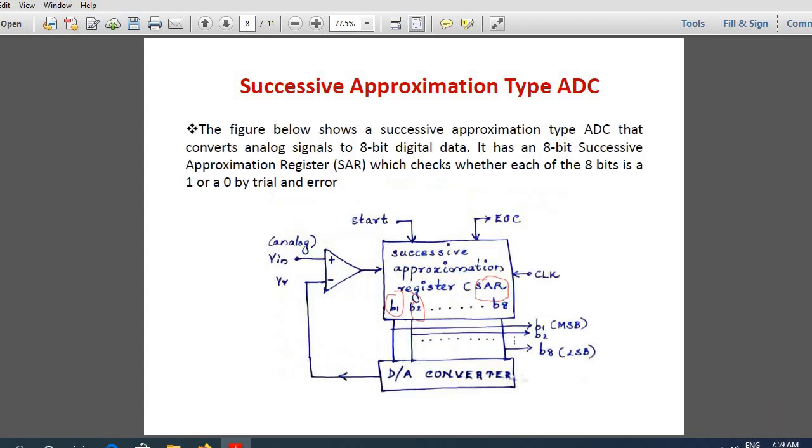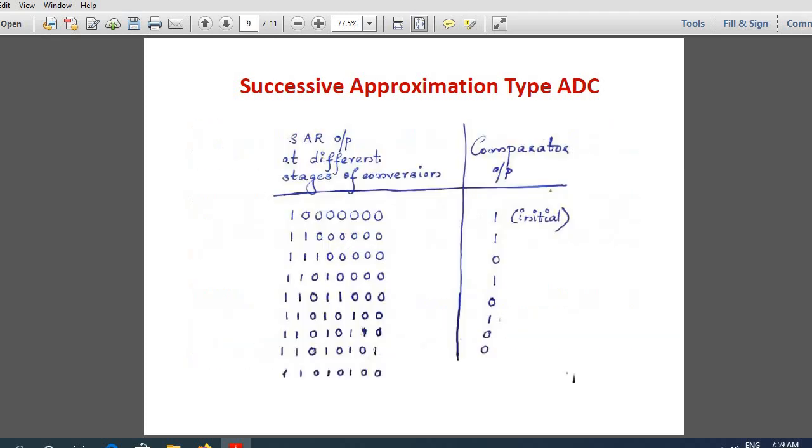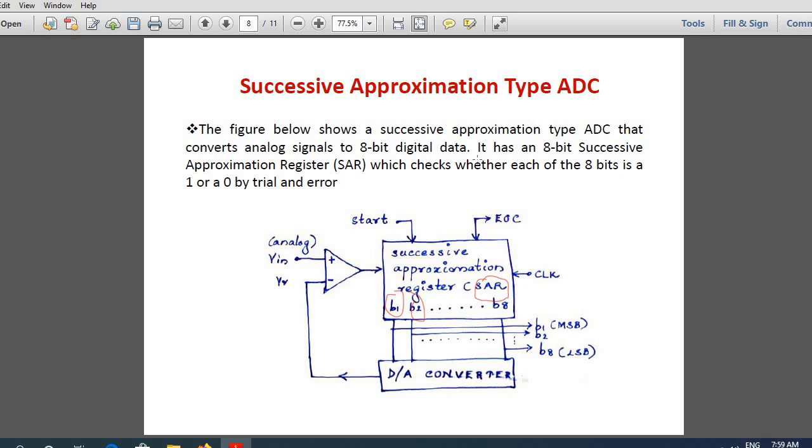So what happens is, first when the start command is given to the successive approximation register, the first clock will be applied, and when the clock comes, SAR knows to set the first bit, B1.